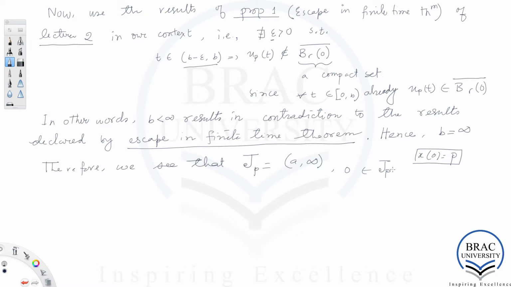So since 0 is in J_p and J_p is equal to (a, infinity), it means that J_p intersected with [0, infinity) is going to be [0, infinity), this half open interval.